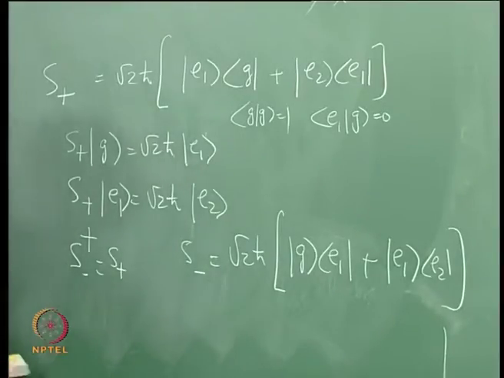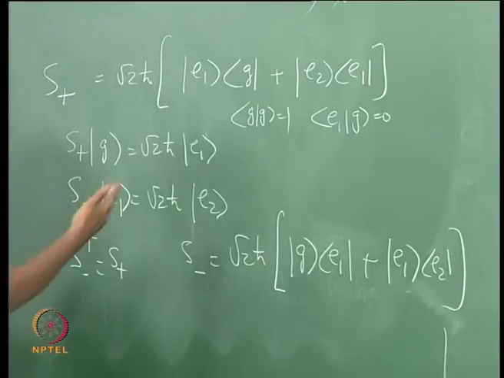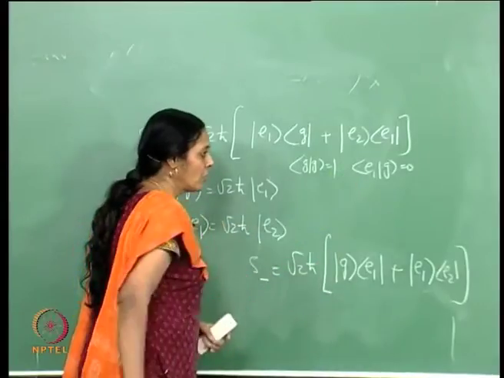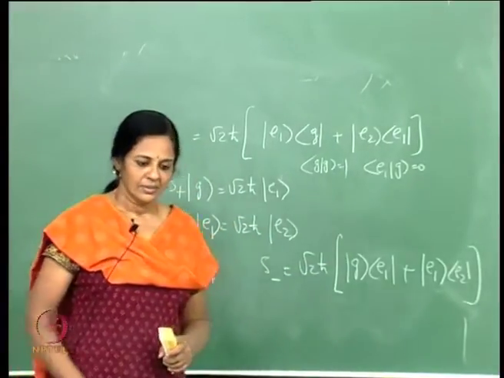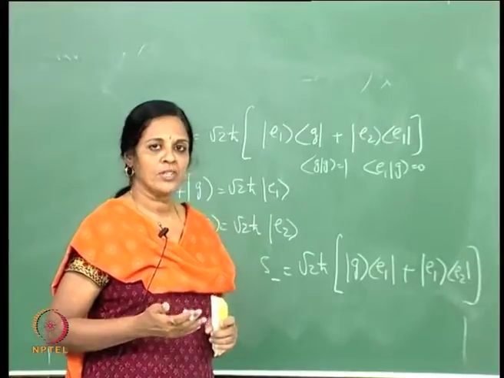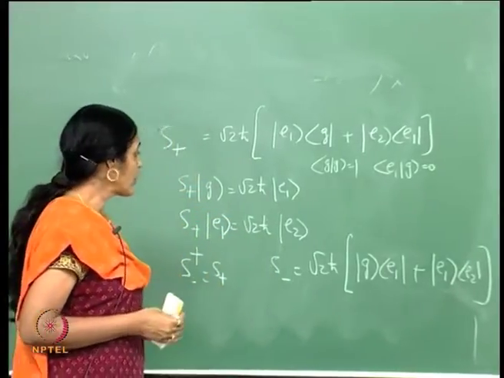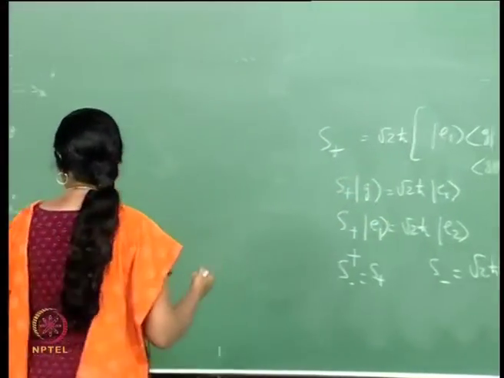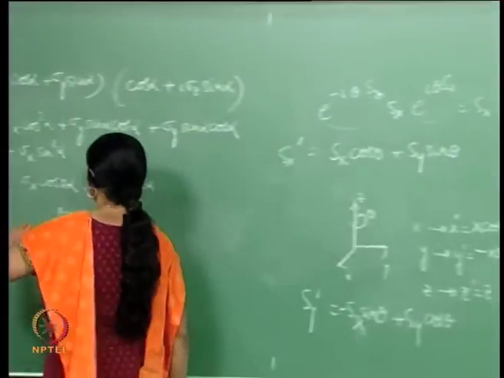I can find out the commutator of S plus with S minus by making it act on the basis states G, E1 or E2, and the commutator of S plus with S minus would be 2H cross Sz. So, let me find that commutator.